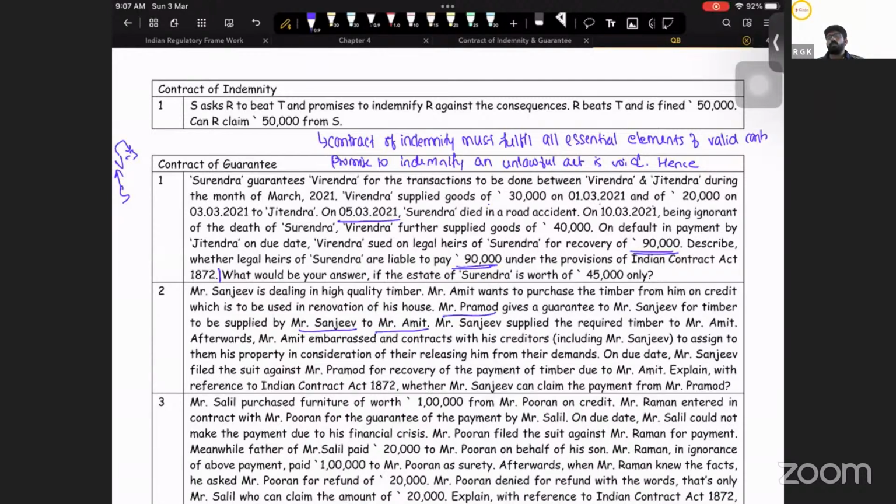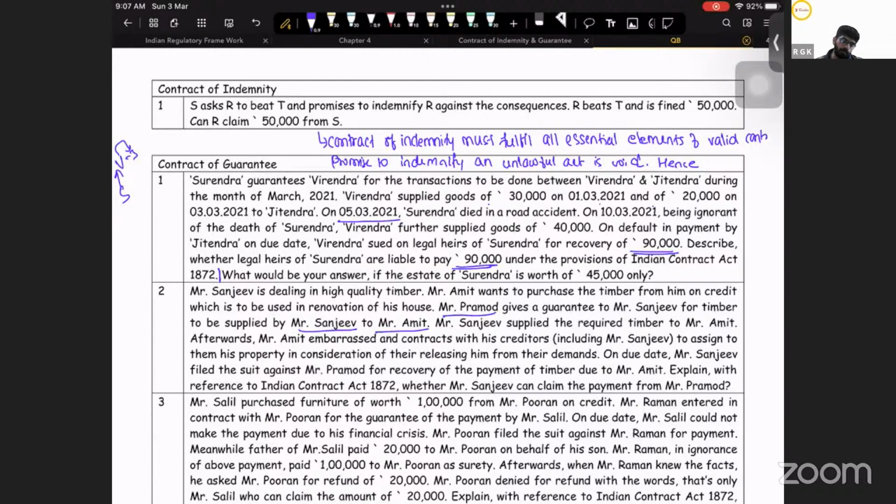Now, yesterday again, discharge of surety by conduct of the creditor. Under that heading, we have discussed that if the creditor and principal debtor enter into an agreement with themselves without the consent of surety, which has the effect of releasing the principal debtor, in such a case, surety shall also stand discharged.